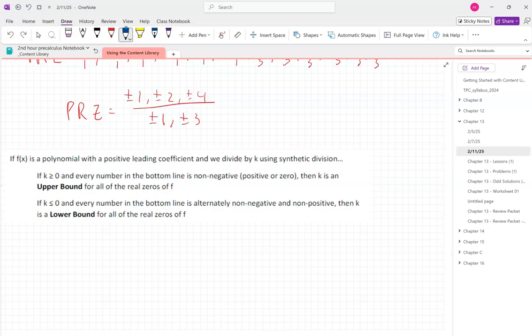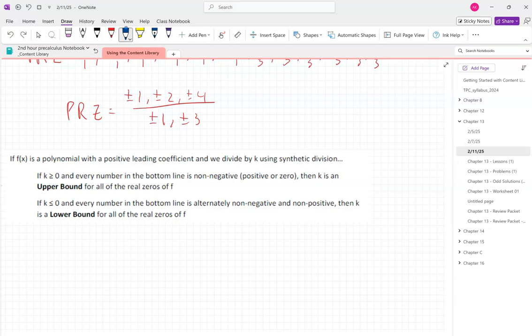So if I catch one of these that alternates, everything less than that value I can discard also, which again is a good deal, right? I get multiple cross-offs for the price of 1.